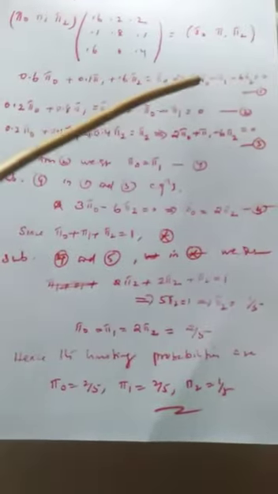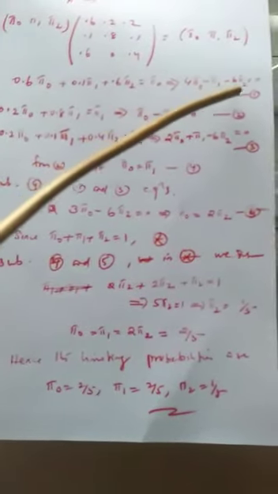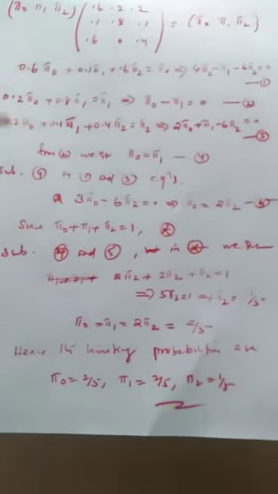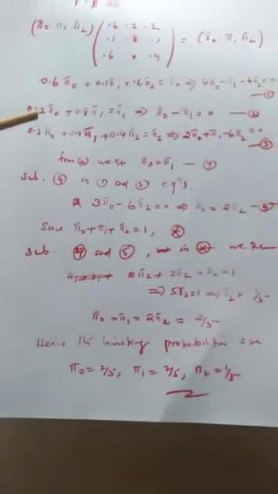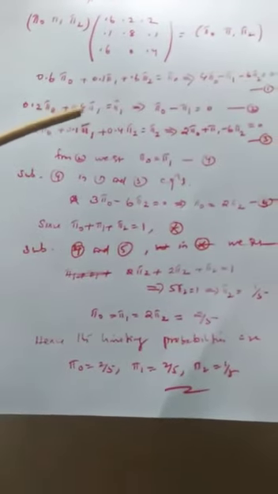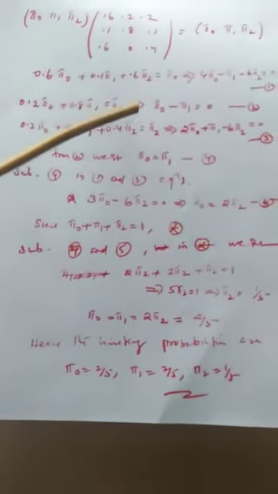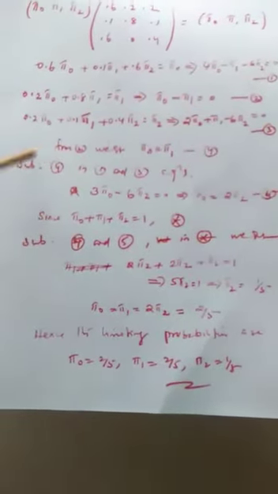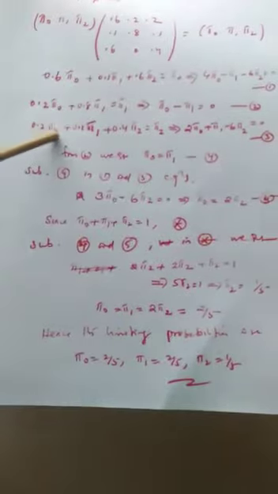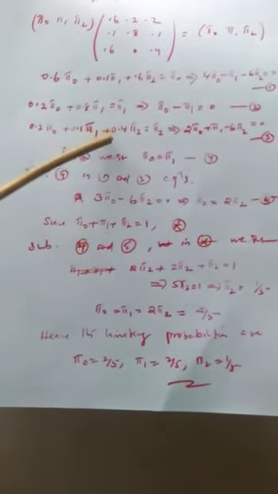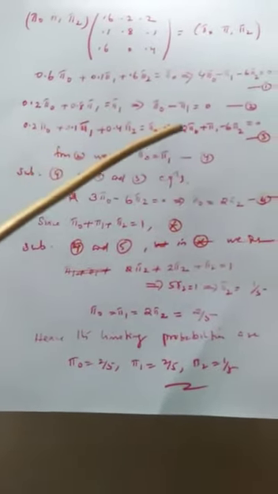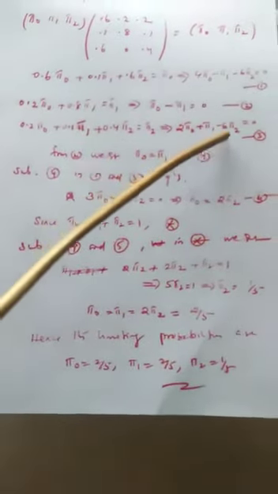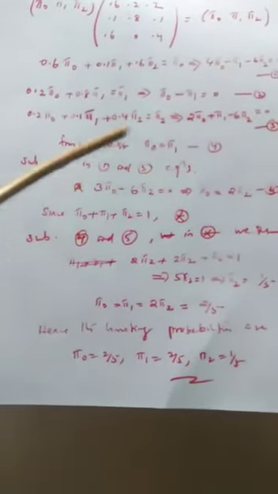That implies 4 pi naught minus pi 1 minus 6 pi 2 equals 0, equation number 1. The second equation is 0.2 pi naught plus 0.8 pi 1 equal to pi 1, which implies pi naught minus pi 1 equals 0, equation number 2. The next one, 0.2 pi naught plus 0.1 pi 1 plus 0.4 pi 2 equal to pi 2, implies 2 pi naught plus pi 1 minus 6 pi 2 equals 0, equation number 3.